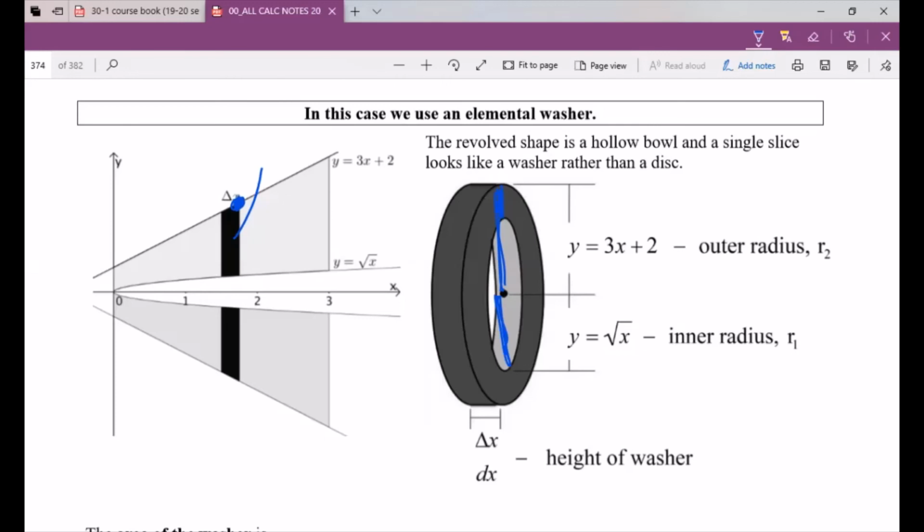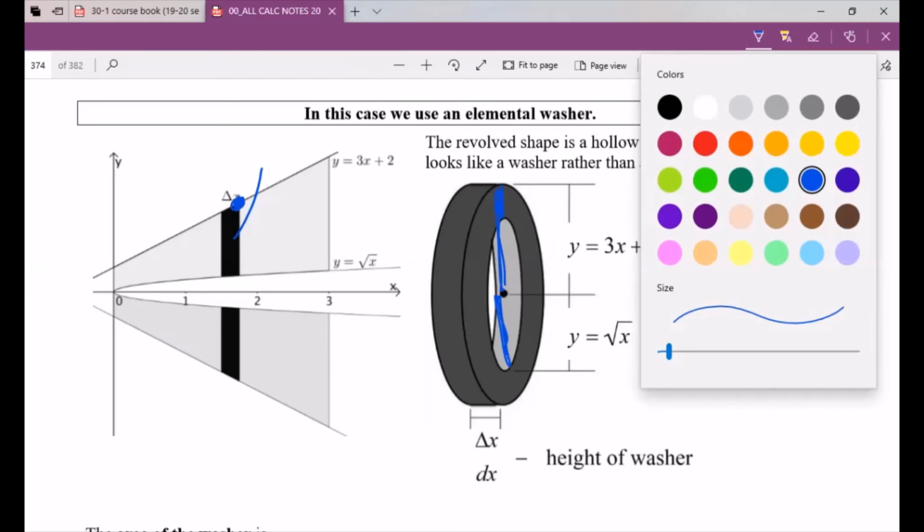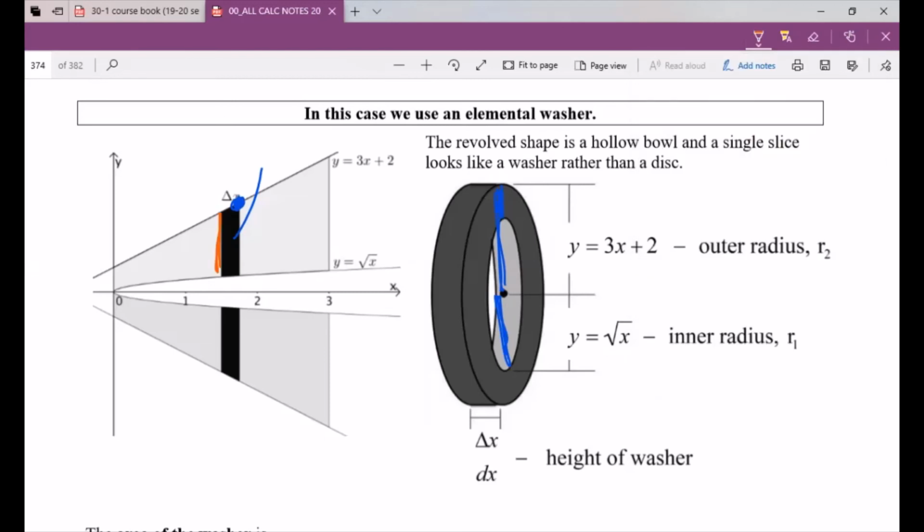And when we subtract them, we get this actual height, that thickness of the washer. And when we spin it around, we will get this very thin washer or this ring. How thin is it? Well, that depends on how big delta x is.